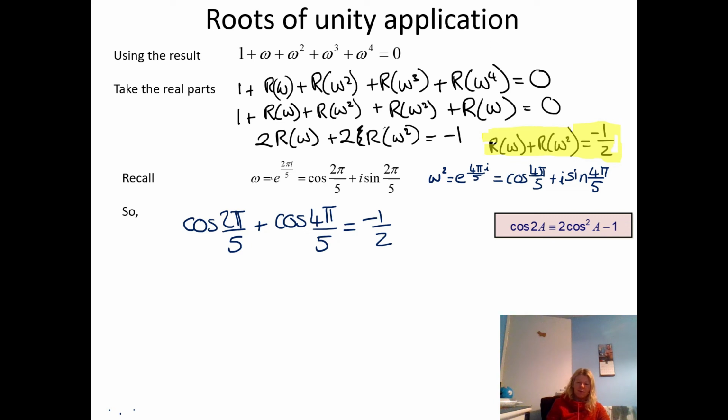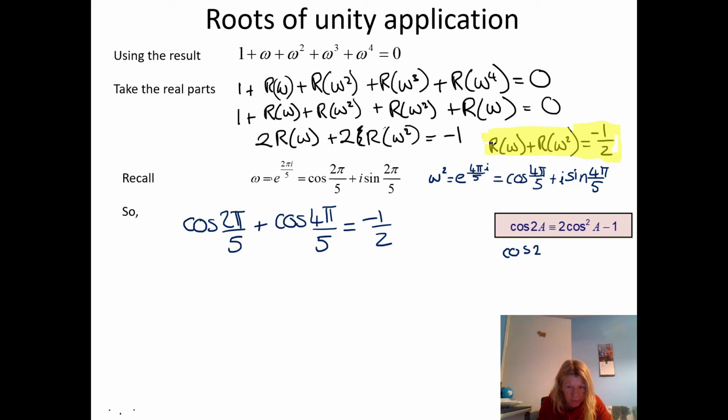Now there's a helpful hint here. You've done a lot of these, I'm sure, in normal maths, but maybe not had to spot things like this. Cos 2 theta is 2 cos squared A minus 1. Can you see what I'm going to do now? I want it all in terms of cos 2 pi over 5. Now 4 is 2 times 2, isn't it?